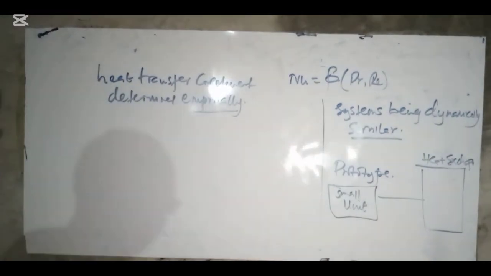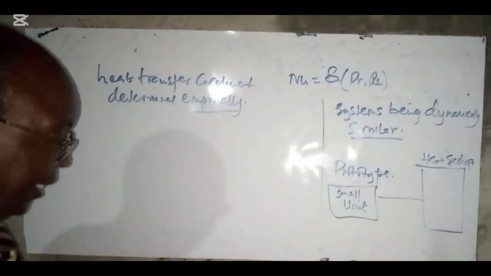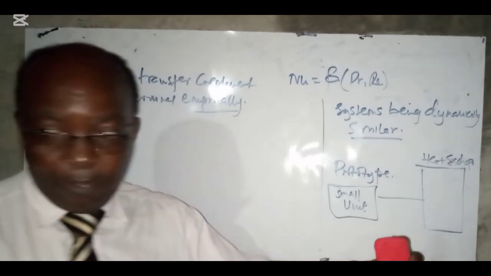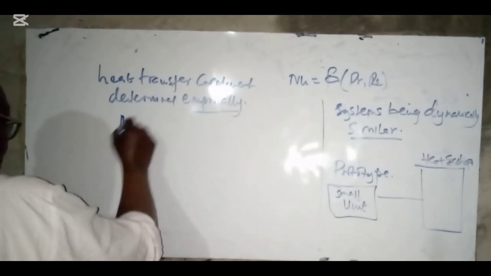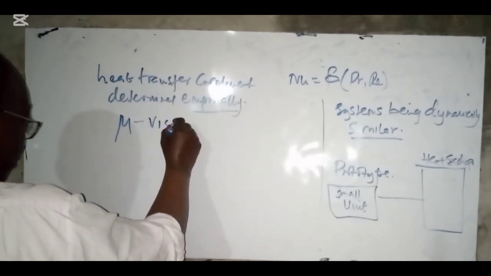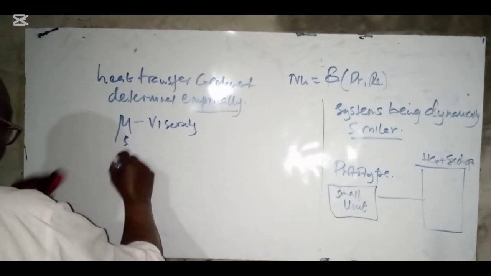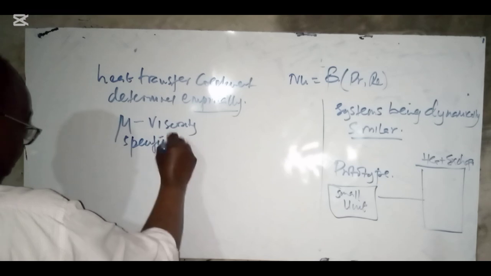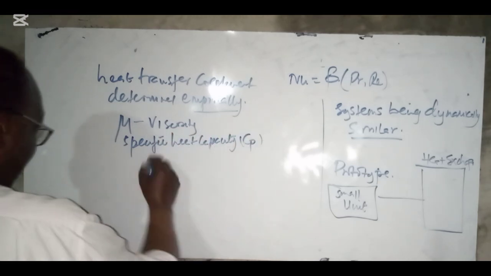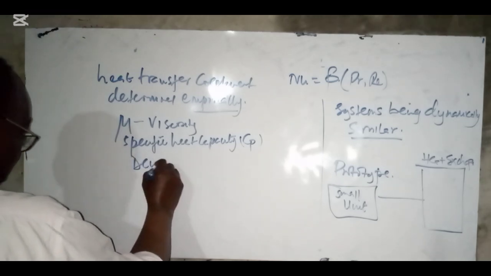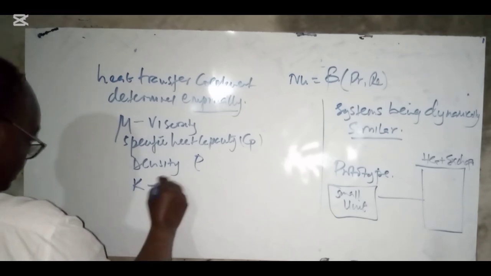And once you know some of these quantities which are determined empirically, and you know that the systems you are dealing with are dynamically similar, then if you have values like mu, you know that you have viscosity, you have specific heat capacity, Cp, you have density rho, you have the thermal conductivity.